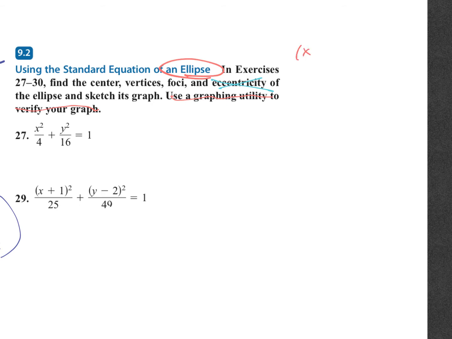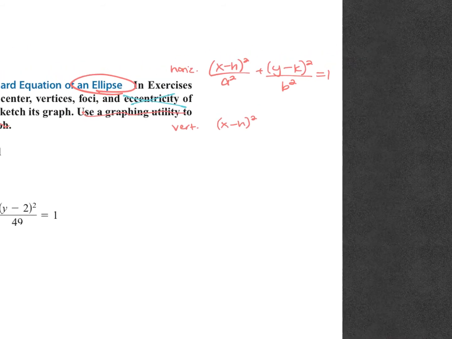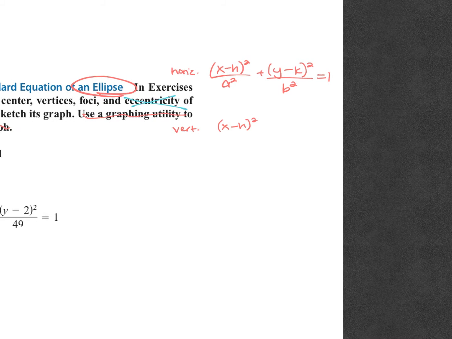So this is x minus h squared over a squared plus y minus k squared over b squared equals 1 if it's horizontal. And if it's vertical, let me reverse the order because we've done it every time. It doesn't matter because that could come first, but y minus k squared over a squared plus x minus h squared over b squared equals 1.